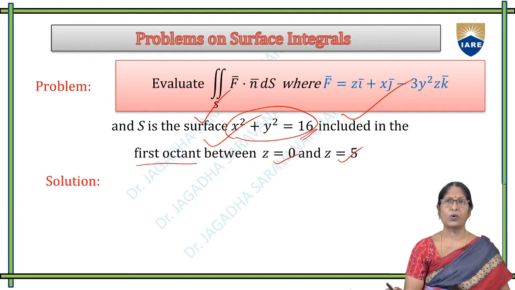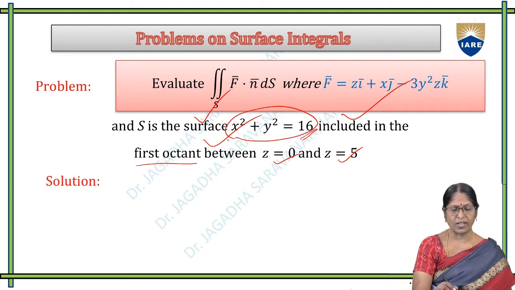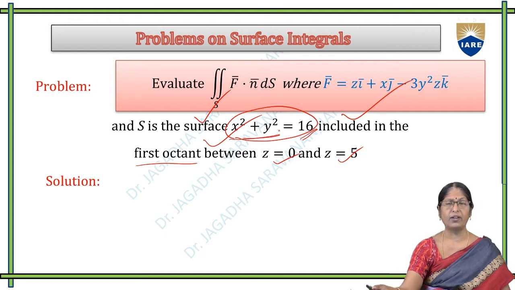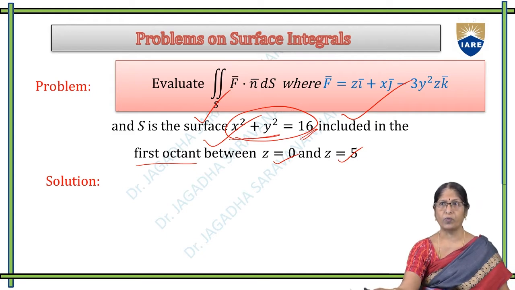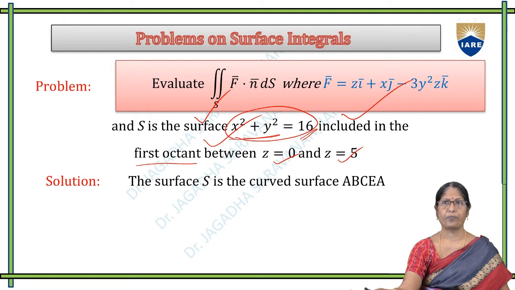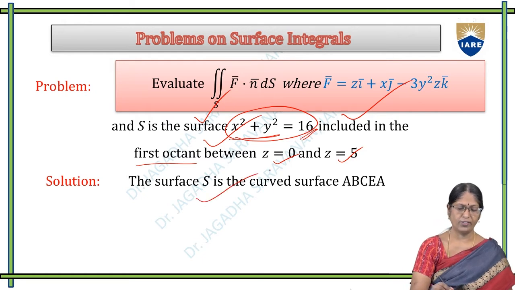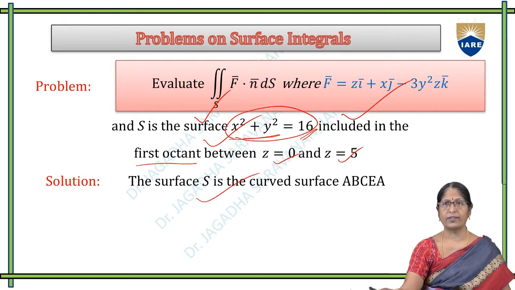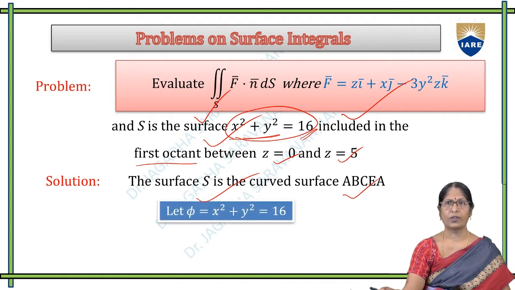With this, we are going to calculate our surface. We can see here x square plus y square equal to 16. Next, the capital S is the curved surface. The geometrical figure, we will see now. Before that, let us write the conditions given in the question.